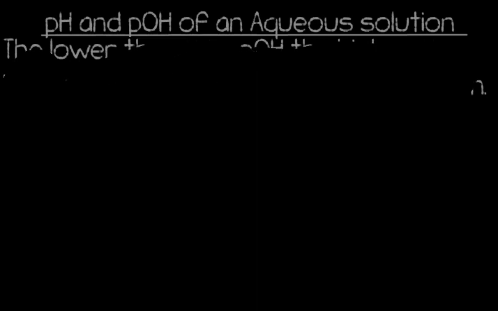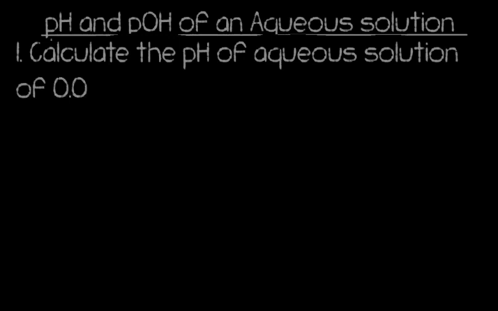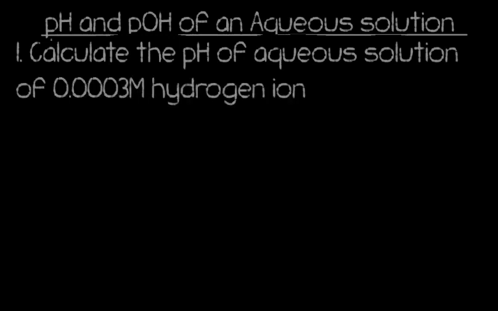So let's go on and try to answer this question. The question says, calculate the pH of an aqueous solution of 0.003 molar hydrogen ions. So we are given the concentration of hydrogen ions to be 0.003 molar.